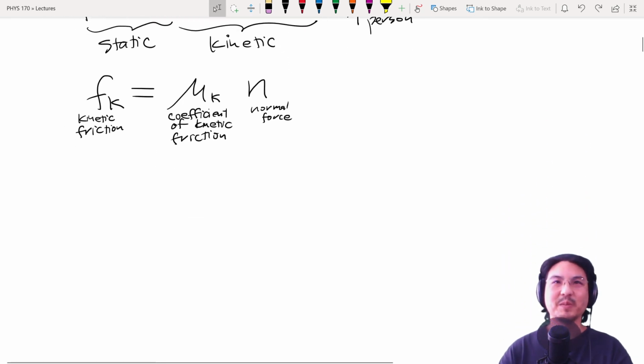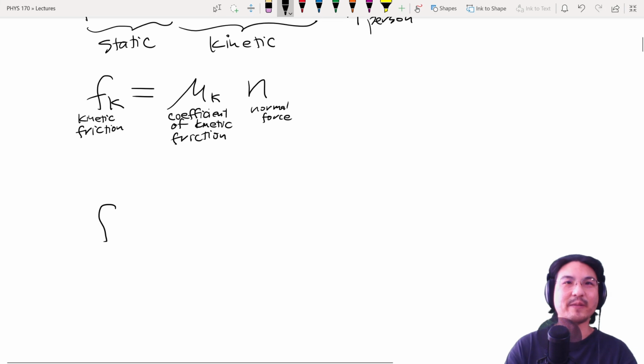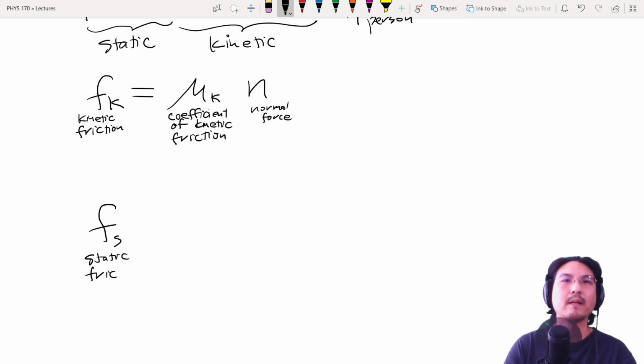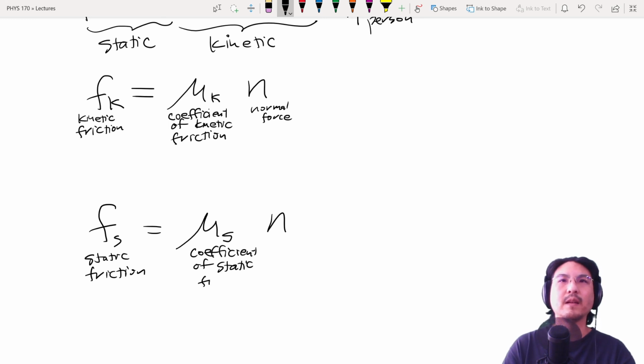And then similarly, you can have static friction, which is proportional to normal force. And now this is the coefficient of static friction. There's one detail.